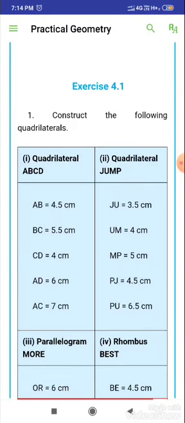AB is 4.5 centimeter, BC is 5.5 centimeter, CD is 4 centimeter, AD is 6 centimeter, and AC is 7 centimeter.